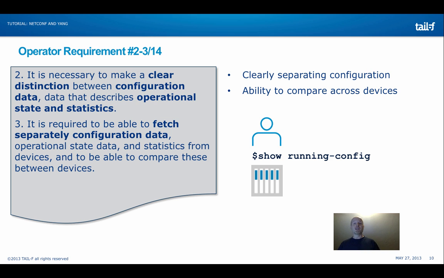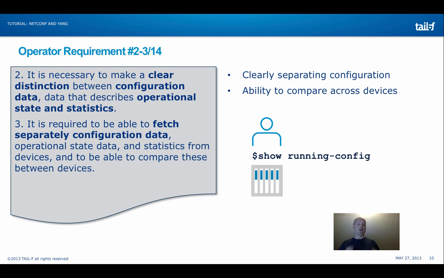For CLI engineers, this is obvious, but if you look at the SNMP world, there is no clear distinction. You can't ask an SNMP box for give me your config. You can walk the MIB and you get all the variables. Firstly, you don't know what is config and what is operational data. And the latter thing is, if you fetch that, there's no way to easily copy and paste that into another box.